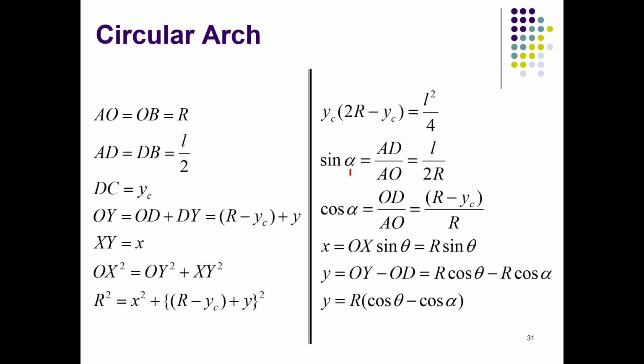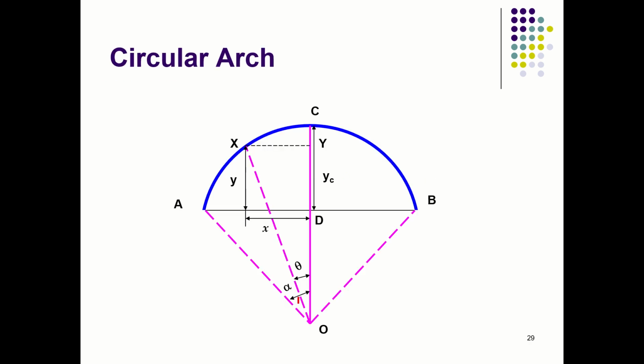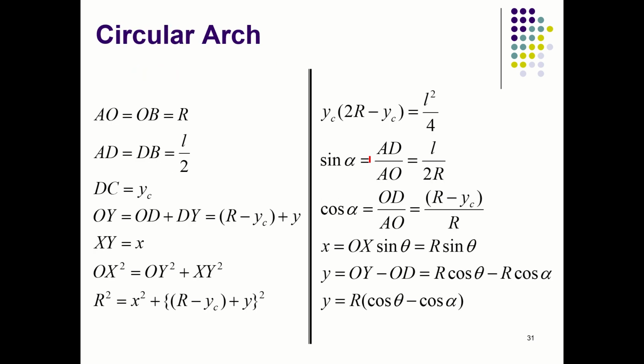As we know, sine alpha is equal to perpendicular divided by hypotenuse, which is L divided by 2r. Similarly, cos alpha is equal to base divided by hypotenuse, which is r minus yc divided by r.